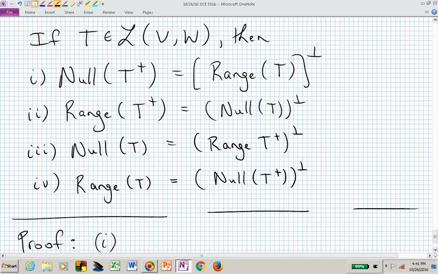So let's say that T was mapping maybe from R2 to R5. So what dimensional space are you dealing with for the range of T? R5, let's say. Now, how much can it maximally span in that R5 if it was going from R2 to R5?